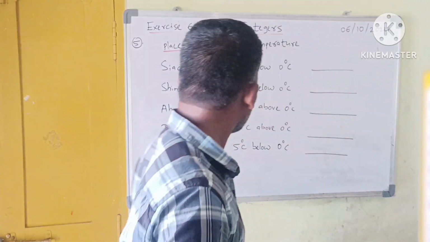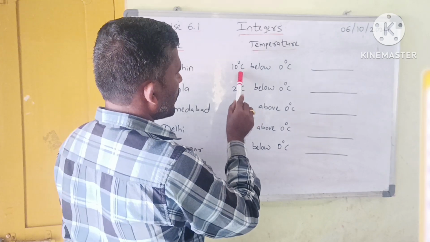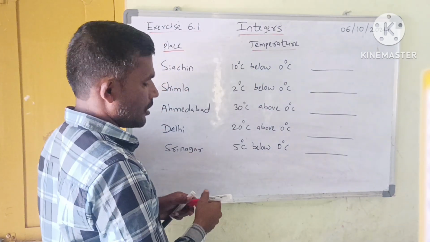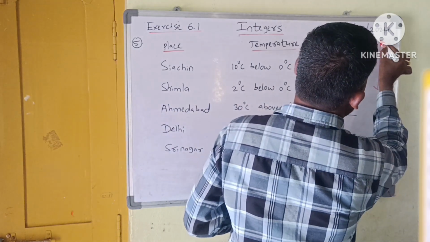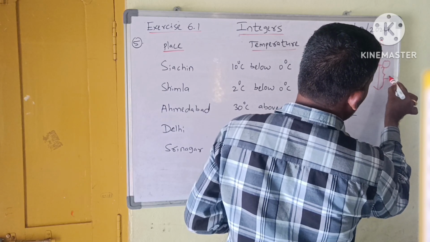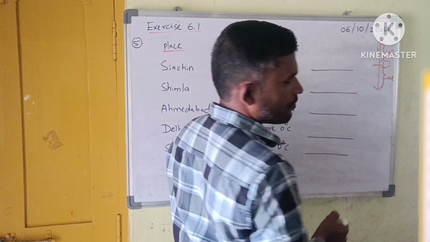So first, Siachen is given. Siachen is 10 degrees below 0 degrees. We already saw this in the previous one also. So this is the origin, 0. Below 0 is negative, above 0 is positive.